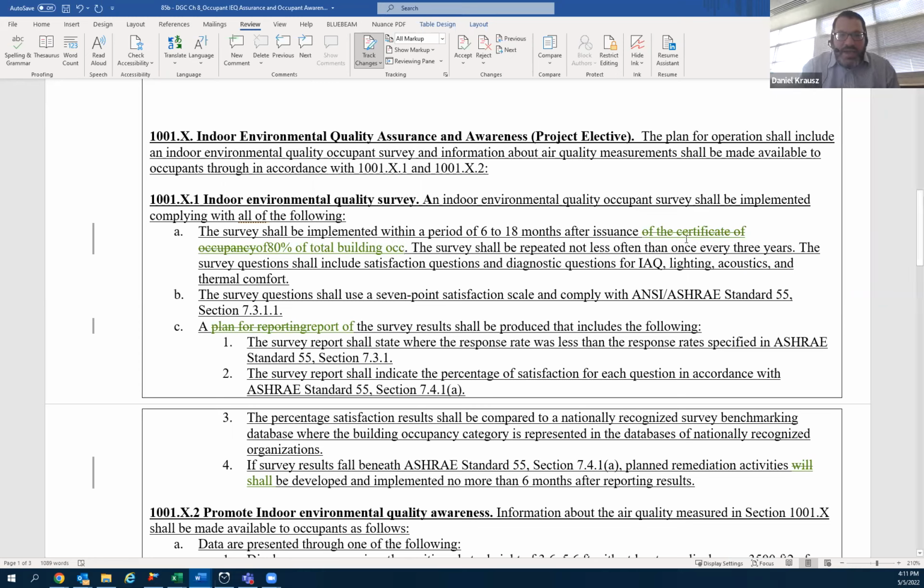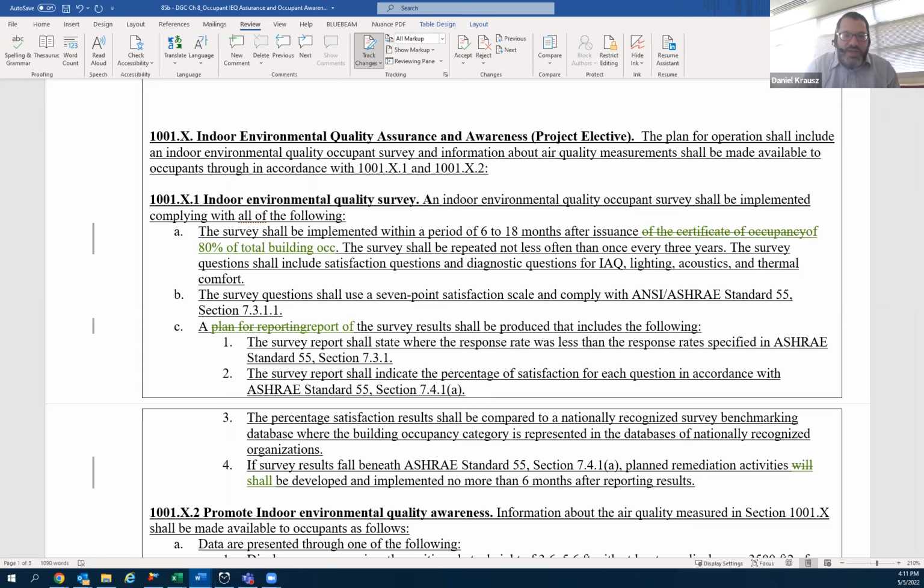So I certainly agree. I would encourage Eric, maybe we find a different percentage, because there are buildings that stay at 80%, like a rental apartment building, which is typically not fully occupied. Right.